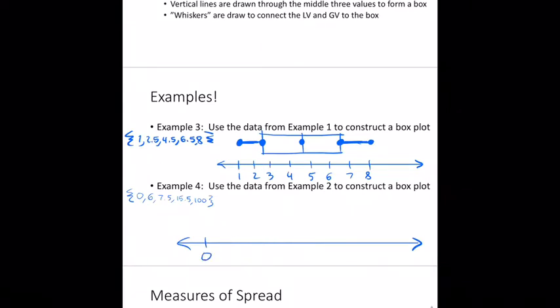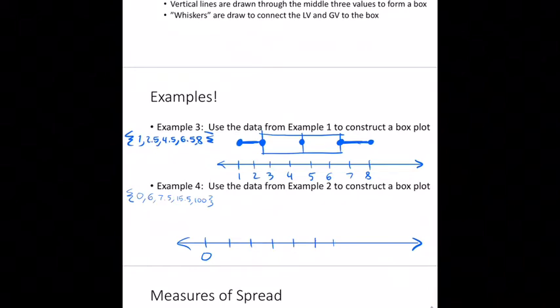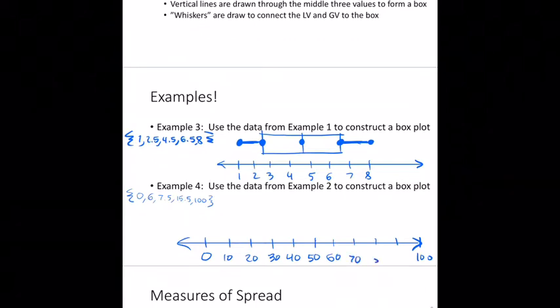Let's make it smaller. 0, 10, 20, 30, 40, 50, 60, 70, 80, 90, 100. Nobody said I had to be perfect. We're just roughly sketching this as well as we can.